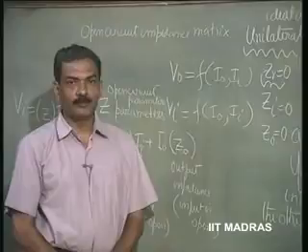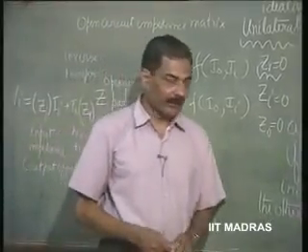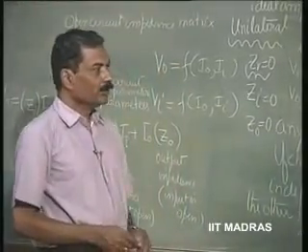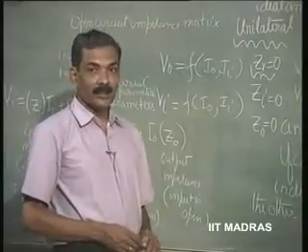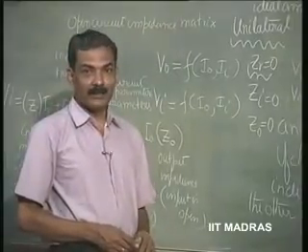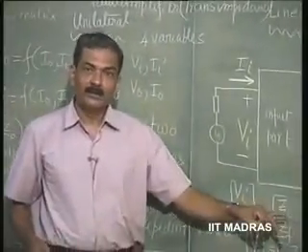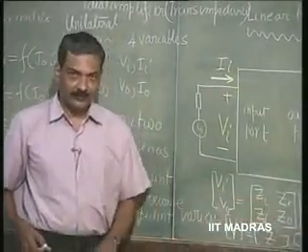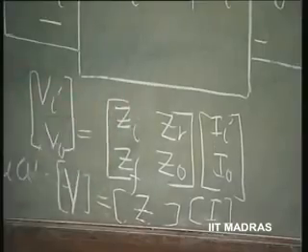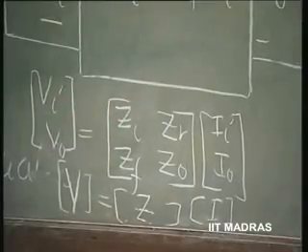Is it clear? Trans impedance amplifier. Now you can easily come up with other equivalents for that. Dual of this, dual of impedance is admittance. Dual of impedance is admittance, which means when will I get that?